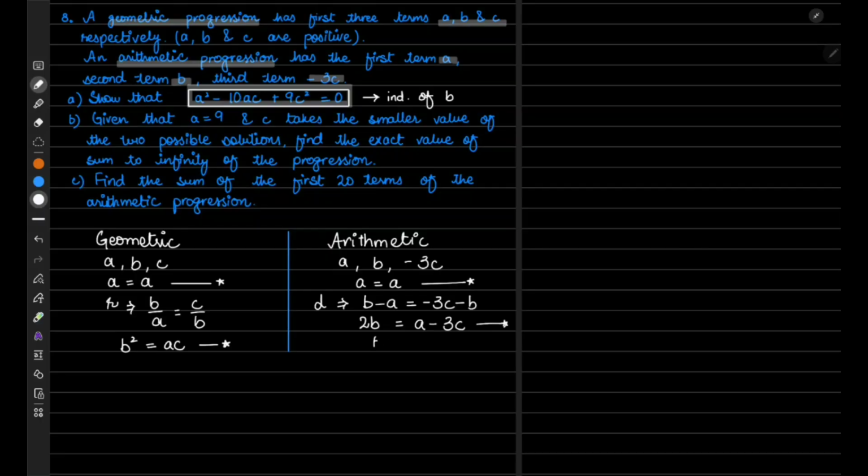So I'm making B the subject here. B is equal to A minus 3C over 2, and I'm substituting it in the first equation.